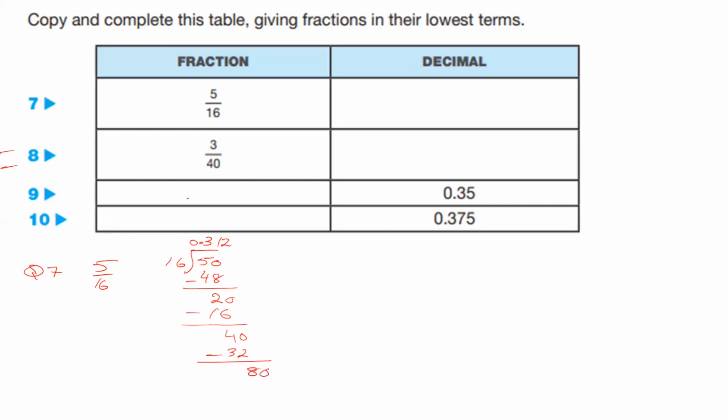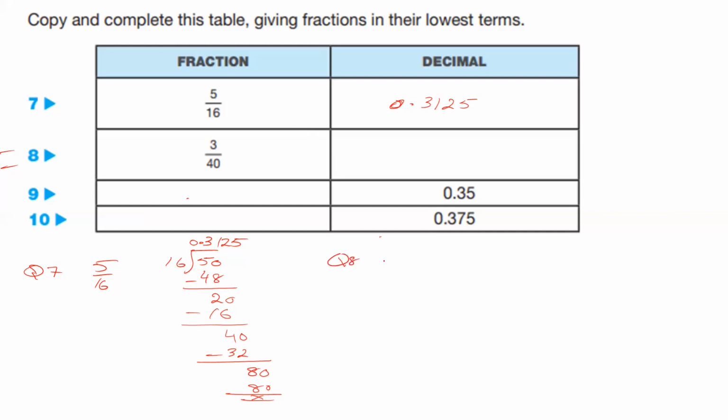And then again 0. 16 times 5 becomes 80. Okay, so this is our decimal. We write here directly 0.3125.